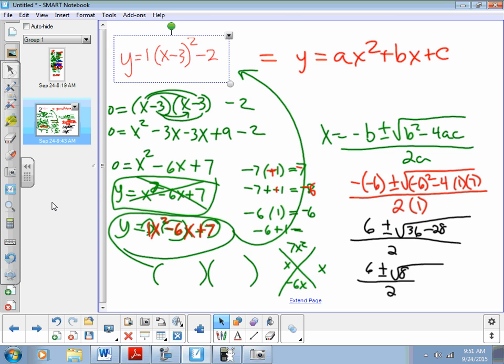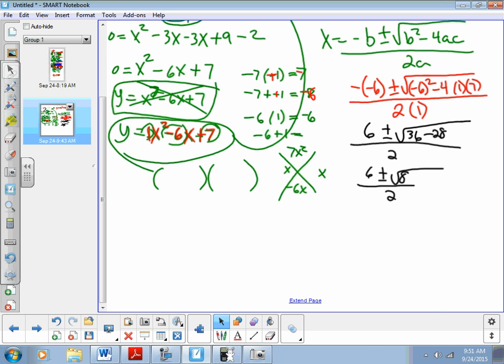And the square root of 8, you guys see that's going to be a decimal? Do you need a decimal value you get from the square root of 8? 2.8, okay, we'll just use 2.8. That's why I couldn't factor this, because I'm going to get a decimal from my x-intercepts.